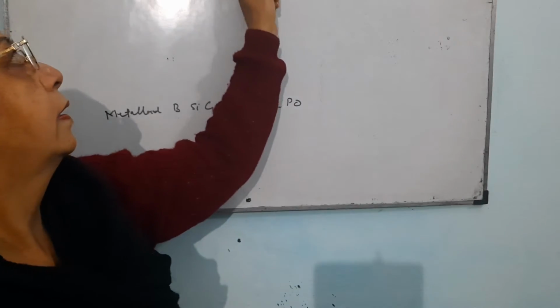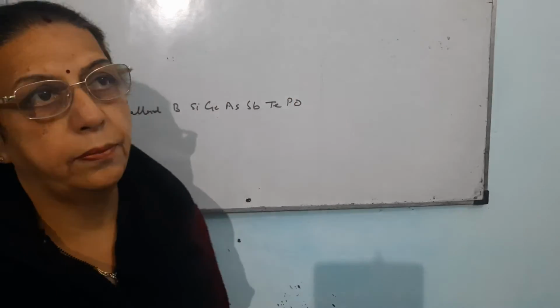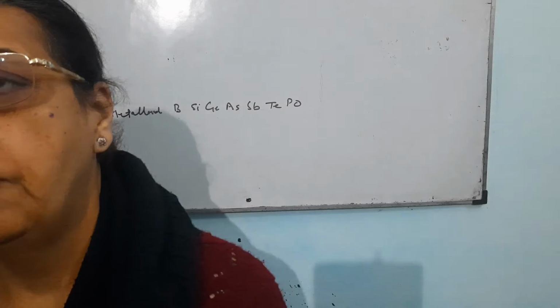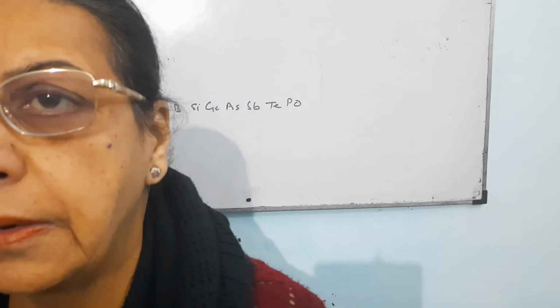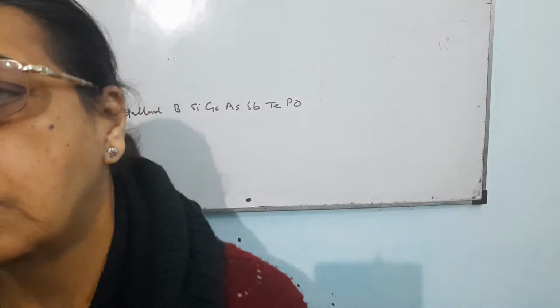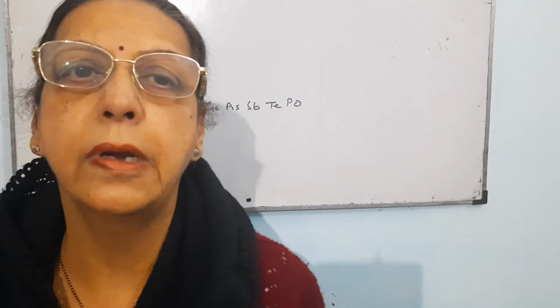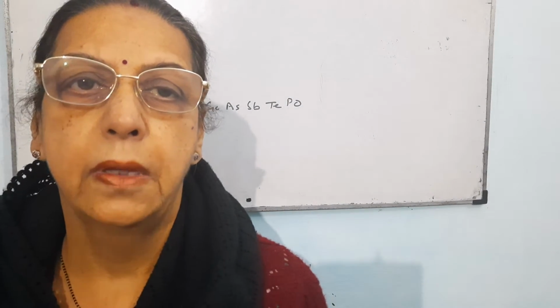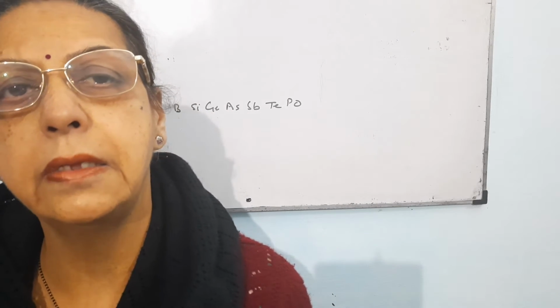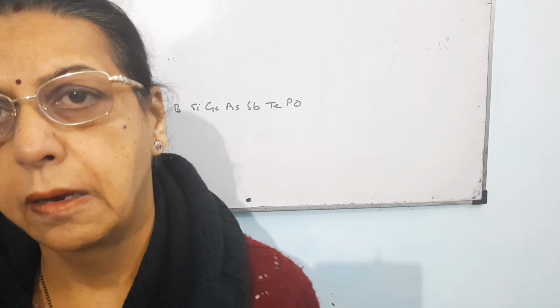Now I will tell you the trends in the modern periodic table. There are a large number of trends which can be given only from the modern periodic table. We know that in the modern periodic table, elements are arranged according to increasing atomic number.